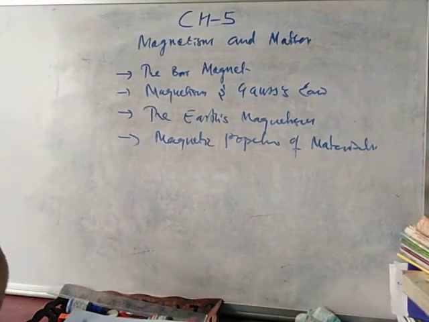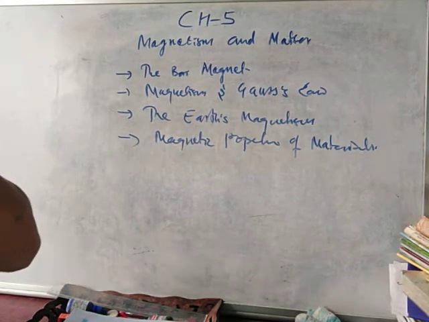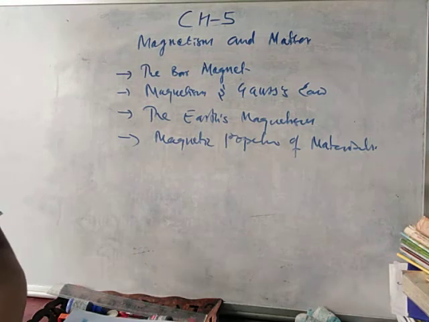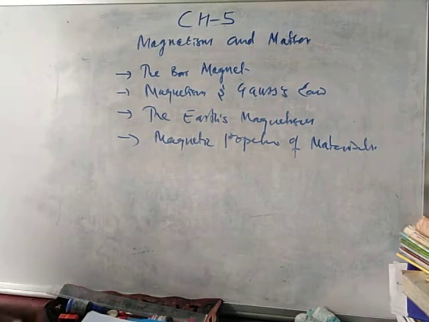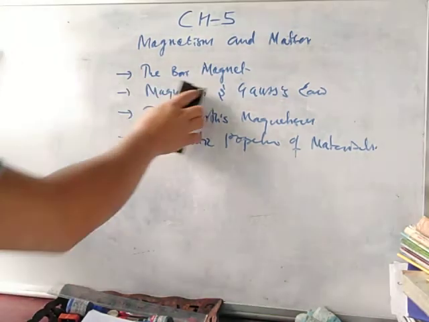Before that, read how magnetism and magnets were discovered and what the Chinese did with them. Just read it once, it is easy. But the important topic starts from the bar magnets, so today we'll start with the bar magnets.